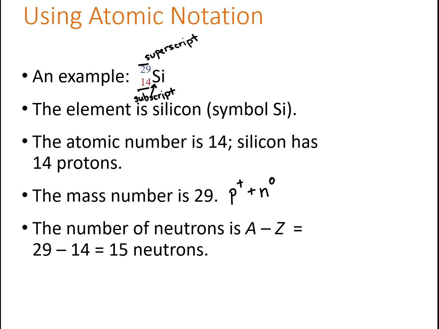And if you take the mass number, which is A, and subtract the atomic number, which is Z, then you have 29 minus 14 is equal to 15, and that tells you how many neutrons there are. So that's the information that you can get from the atomic symbol and atomic notation.